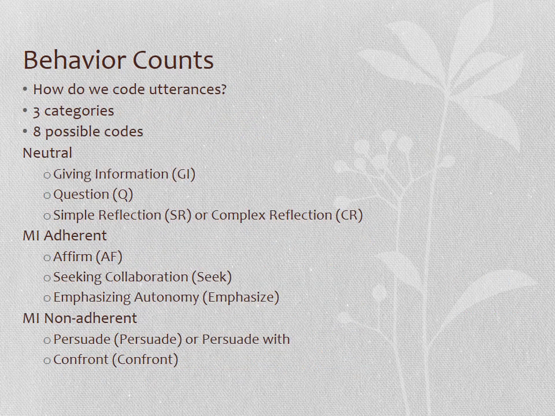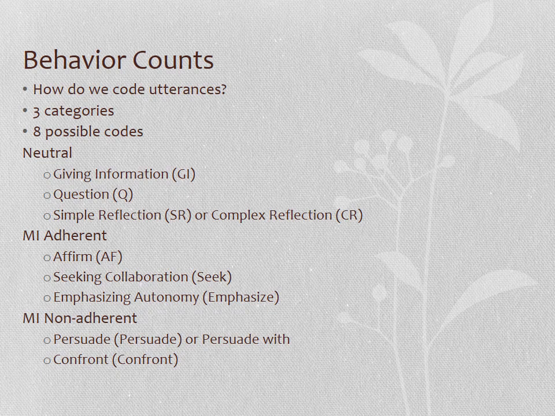Okay, so let's talk about how we code these different utterances. Well, there are three categories and there are 8 possible codes, which makes this a little complicated. These 8 possible codes are on your code sheet. So you'll see a code for giving information, you'll see a code for question, and then you'll see a code for simple reflection or complex reflection.